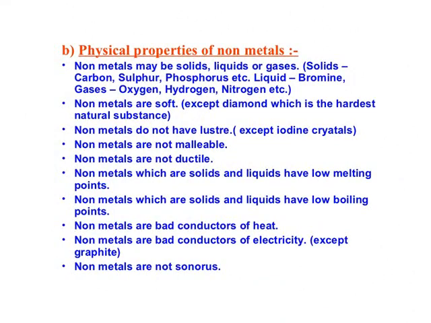Here we have another slide which describes the characteristics of non-metals. Characteristics means physical properties. Non-metals may be solids, liquids or gases. If you want an example, carbon is in solid form, sulfur is in solid form and bromine is in liquid form.